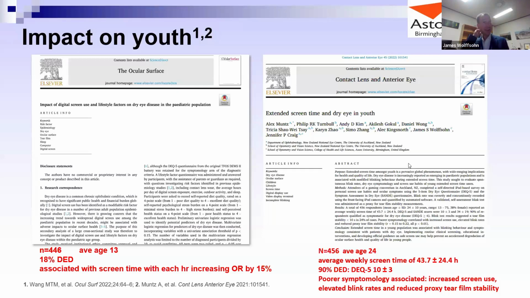In that group, if we apply the TFOS DEWS II criteria, which I'll talk about at the end of the lecture, 18% had dry eye. So these are teenagers and people even younger, and yet relatively high prevalence rates of dry eye. And it was associated with screen time, with each hour increasing the odds ratio by 15%.